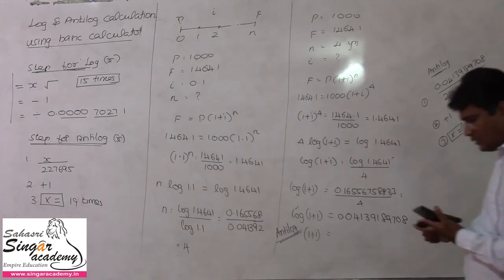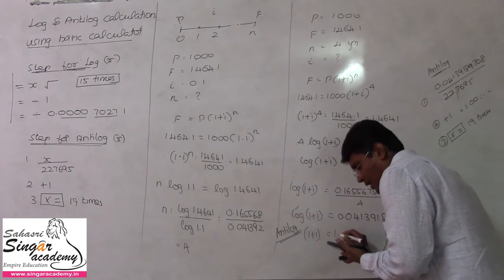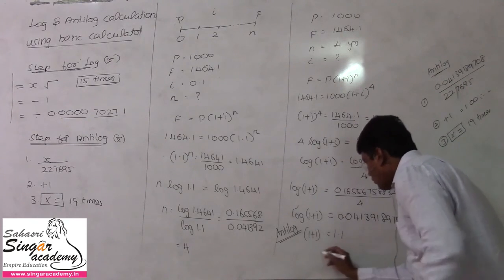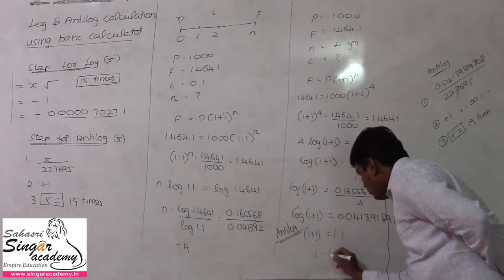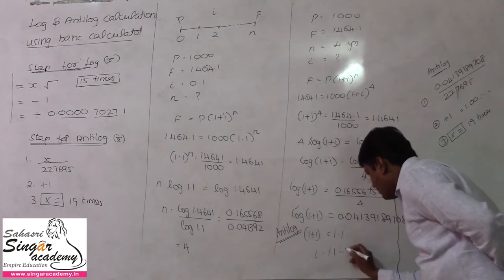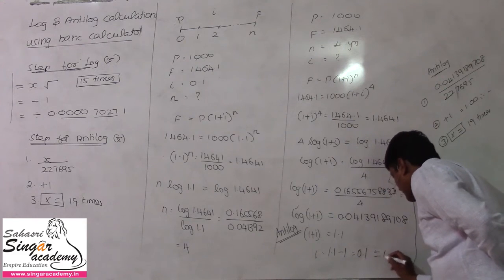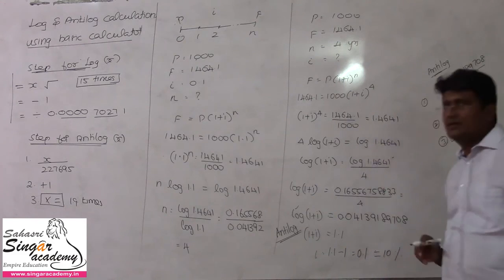So after pressing 19 times, it comes to 1.1. 1 plus I is equal to 1.1, so if I want I, this 1 goes to the other side as minus 1, is equal to 0.1, or 10%, the rate of interest being 10%.